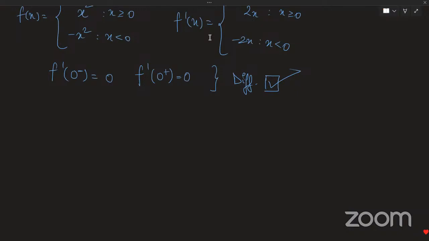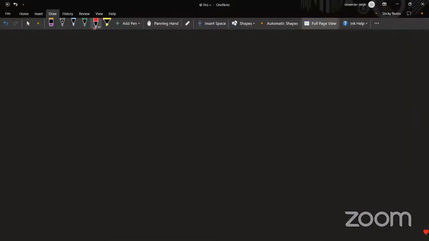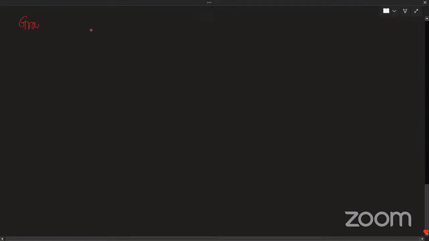Okay, so now we will be discussing what non-differentiability would mean on a graph, just in a basic sense. The graphical meaning of non-differentiability.